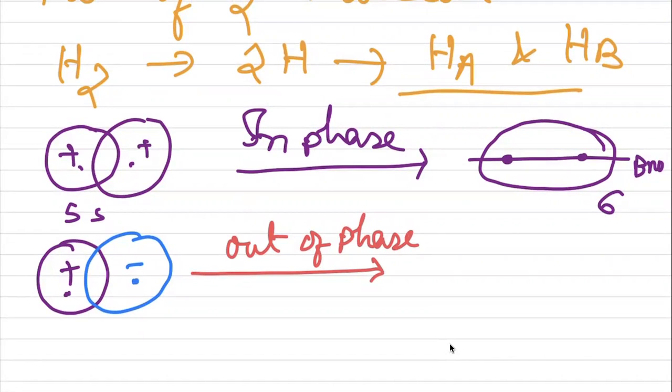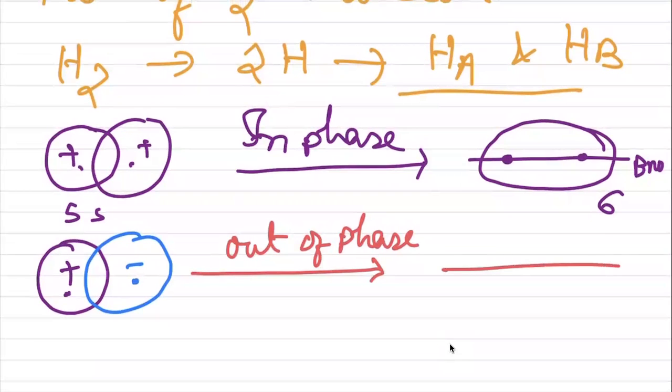Yes, ma'am. Okay, so two possibilities will take place. In one possibility the two wave functions will interact in same phase, and in another possibility the two wave functions will interact out of phase. One will be in positive phase, another will be in negative phase. Then what happens?